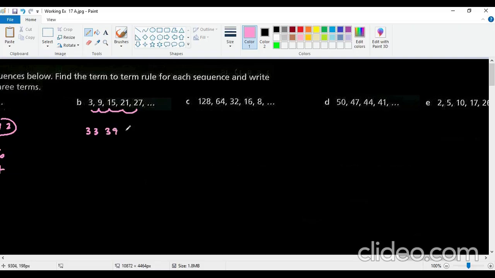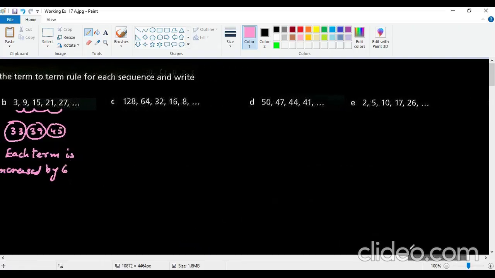These are the three terms that we get after 27. And the rule you should write is that each term is increased by 6.